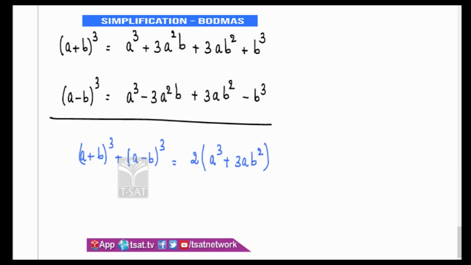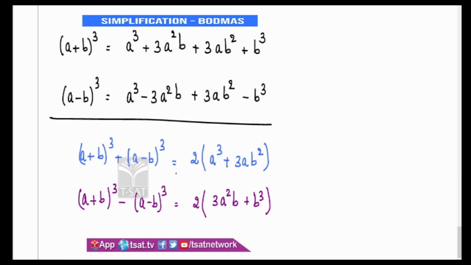Suppose if you do minus, a plus b whole cube minus a minus b whole cube. A cube and these terms get cancelled, then it becomes 2 into the second and fourth terms left out, that is 3a square b plus b cube.